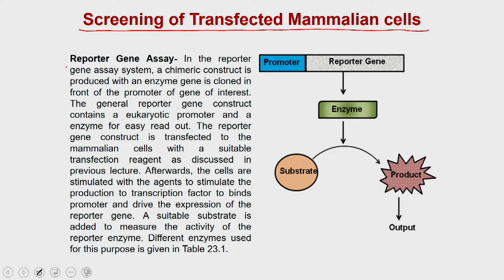In the reporter gene assay, a chimeric construct is produced with an enzyme gene product placed in front of the promoter of the gene of interest.